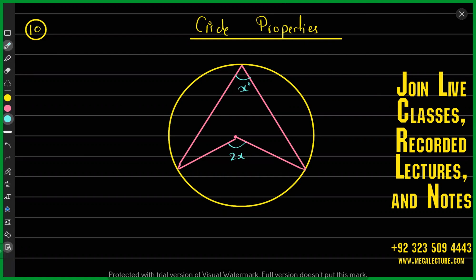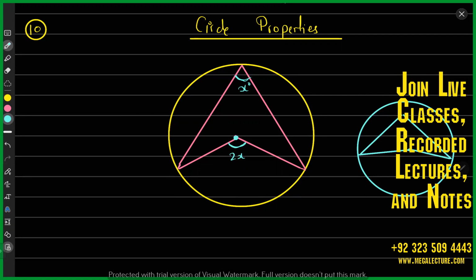You need to make sure that this blue angle is being made at the center, and this one is being made at the circumference. For example, let's say there's another circle, and this time we have something of this type. This is the center, for instance.